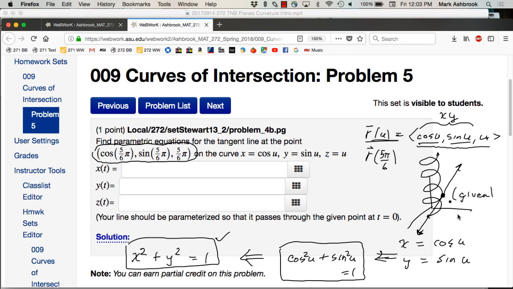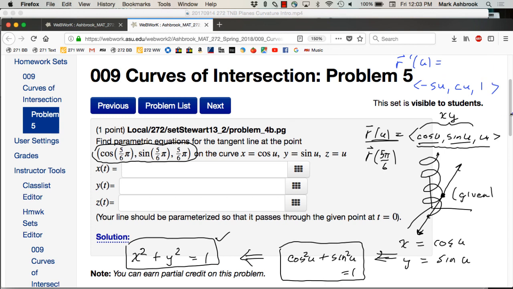Remember what we said last time, the derivative always points in the direction of the curve, right? So if we take the derivative, and the derivative is a function, let's do it in blue. The derivative is the function, what? Negative sine u, cosine u, and 1.